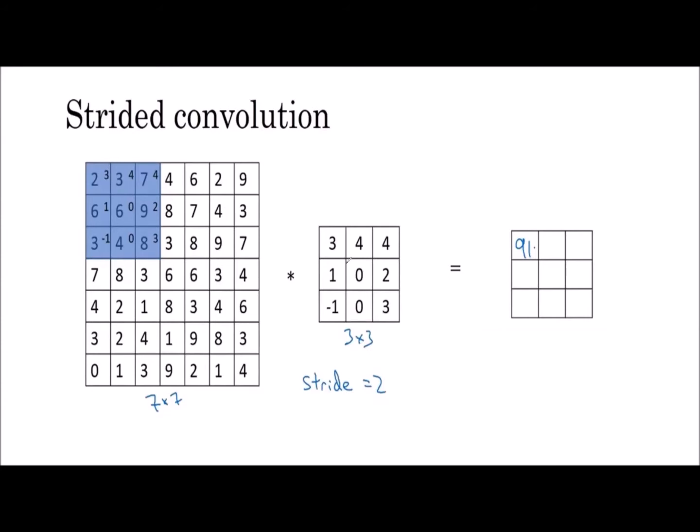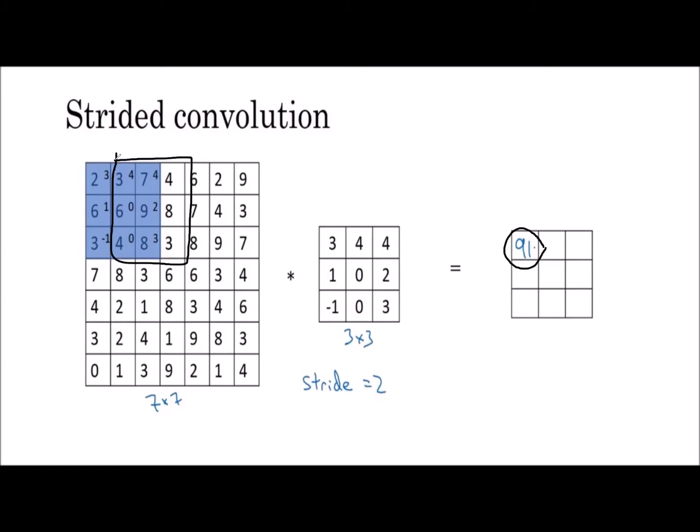First, we apply the 3 by 3 filter to this particular image patch, and we get, for example, 91 as the result. Again, we shift by 1 pixel and apply it to the next, second image patch.